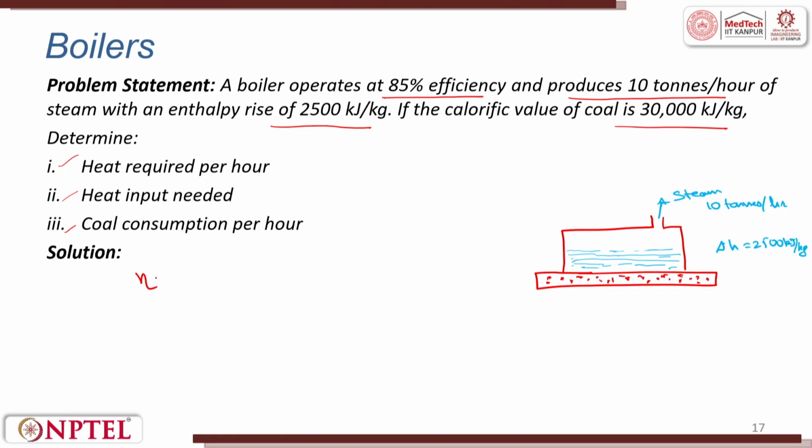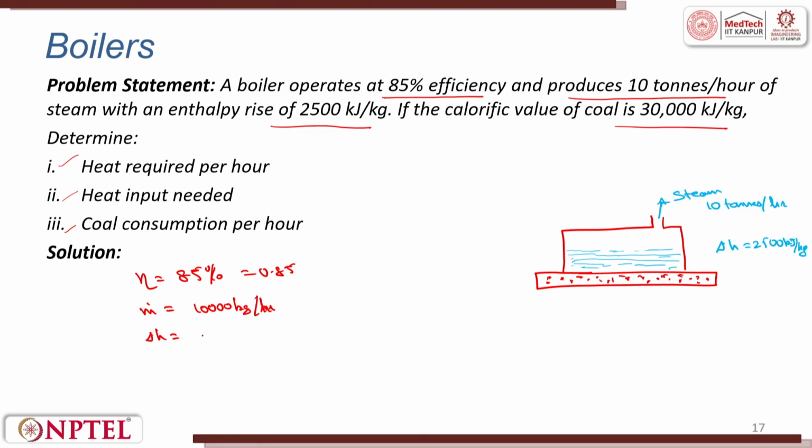Now, the parameters given are eta is equal to 85%, that is 0.85. M dot, that is the mass flow rate, is given as 10,000 kg per hour.